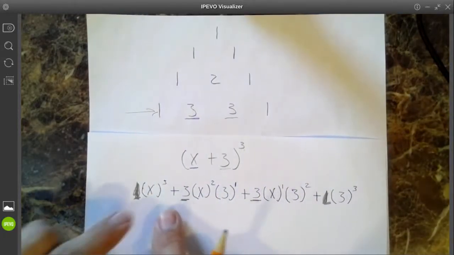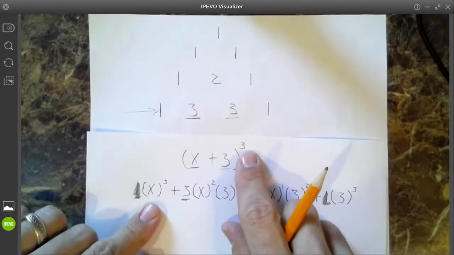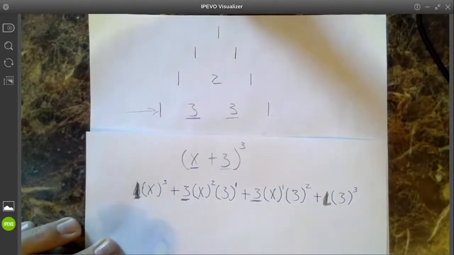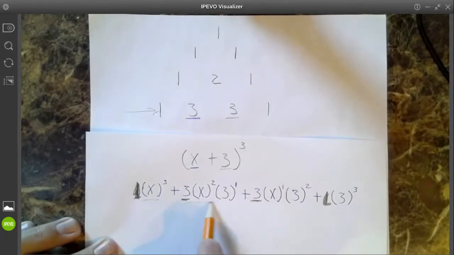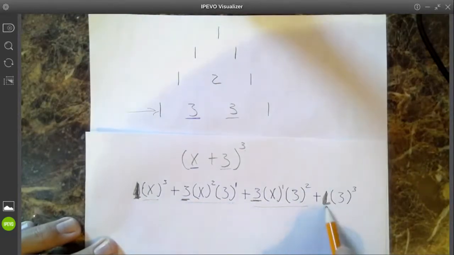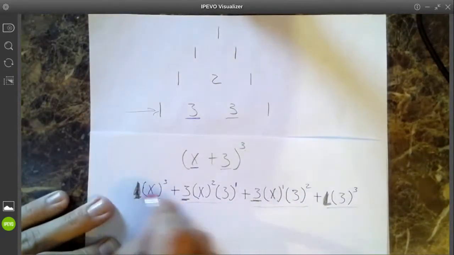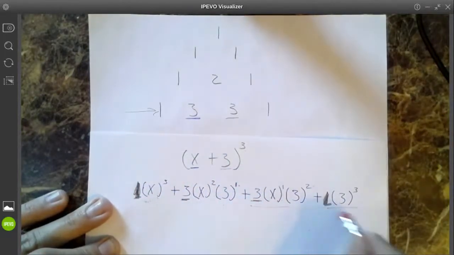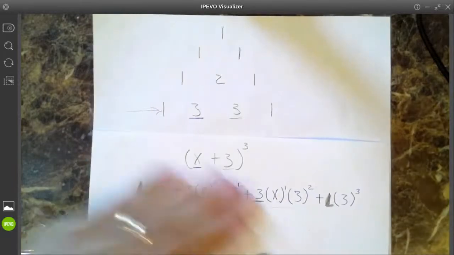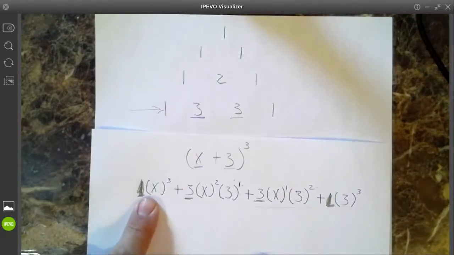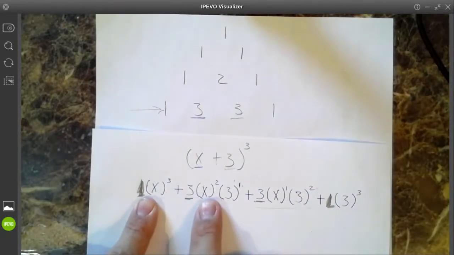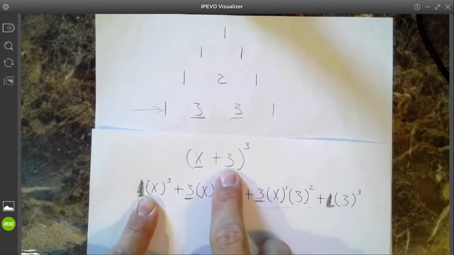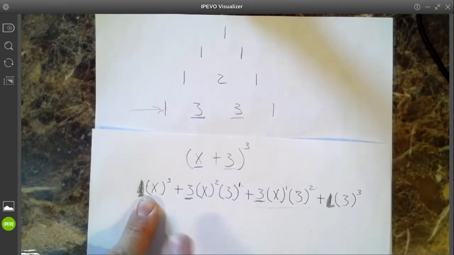Your exponents, because you were dealing with a third power, the powers on each of those terms are always going to add up to 3. On the first one, we had x to the third. On the second one, we had x to the second, but our 3 here was to the first power. And on our third one, it was x to the 1, and this was 3 to the second.